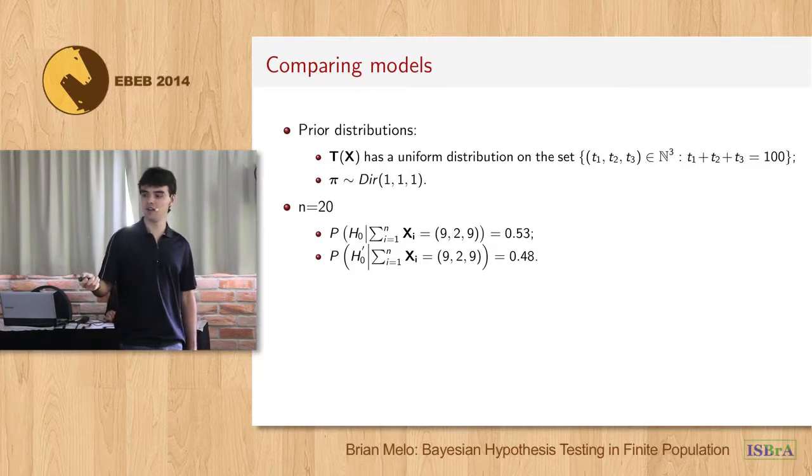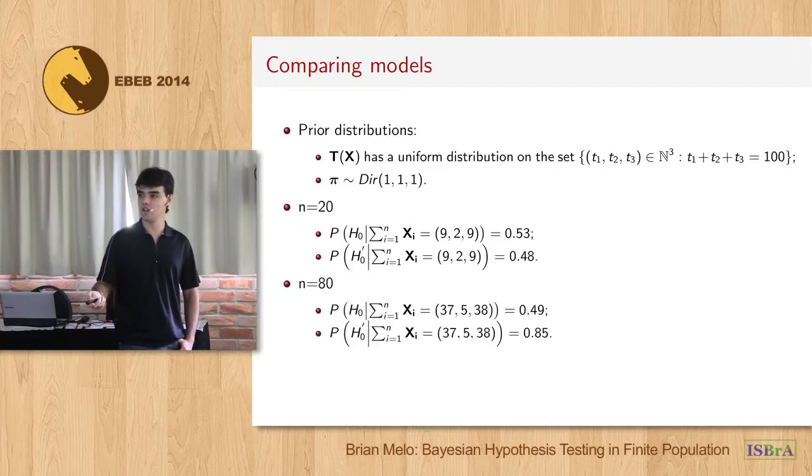First, for a small sample size, if the outcome, again the sampling total here is a sufficient statistic, is 9-9-0, or any permutation of this, 2-9-9 or 9-9-2, this probability is 0.53 under the finite population model and 0.48 under the superpopulation model, which is not a big difference, but it can change some conclusions depending on your cutoff.